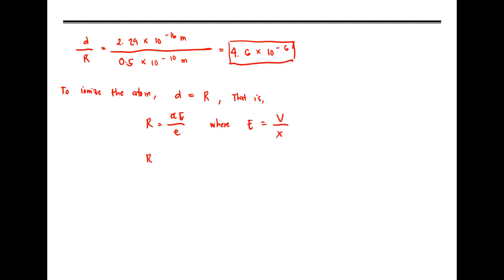So we can replace this E here with V over X. So you have alpha times V over e times X. Okay, so our goal is to find V. So we have V is equal to R e X divided by alpha.